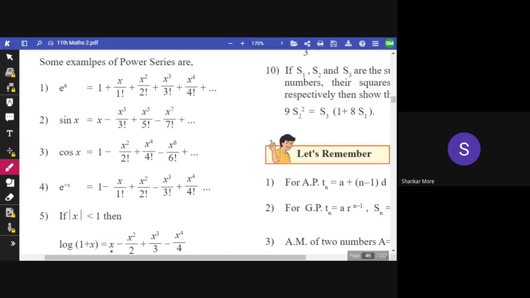You must know the factorial of 4. Factorial of 4 is 24, Sankalp says. Is it right or wrong? Others, quickly. If you don't know, then please honestly tell me, sir, we don't know what factorial is. If you don't know what factorial is, then how are you going to deal with this power series? You must know the factorial first.